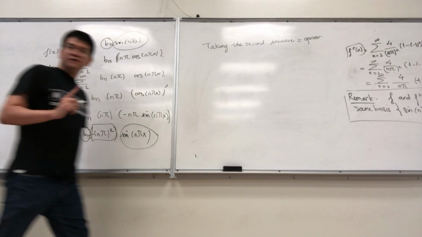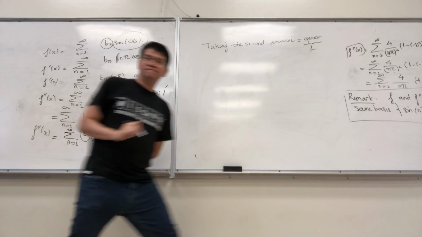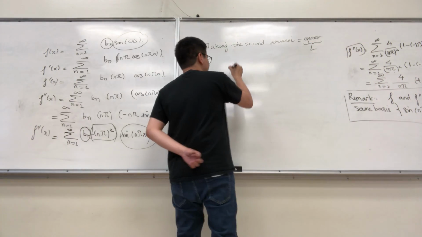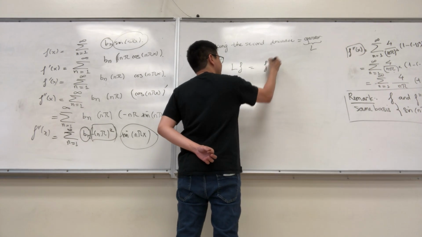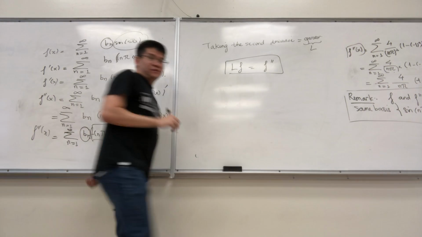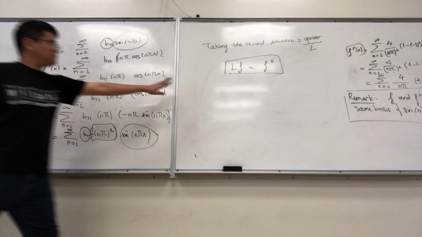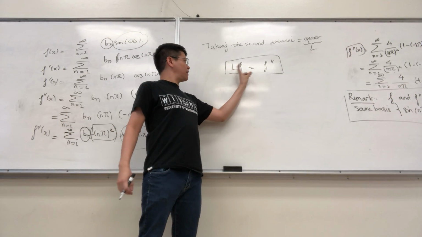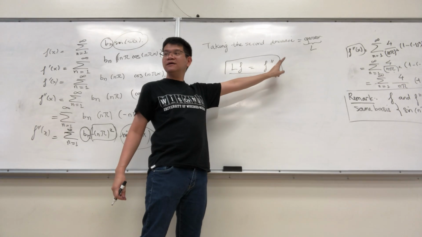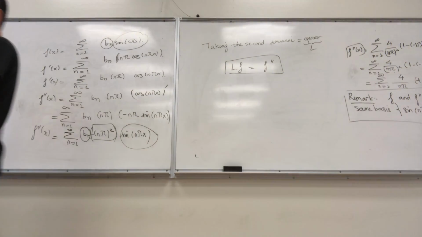And the operator here, I denote it by L. So the operator that you have is L f equals f second. The whole process of taking the second derivative, I call it an operator, and I name it L. So I am saying that L f is the second derivative of f. This is the operator. All right?